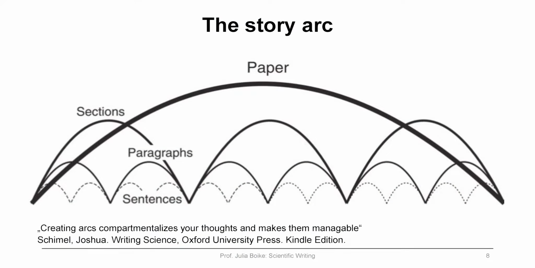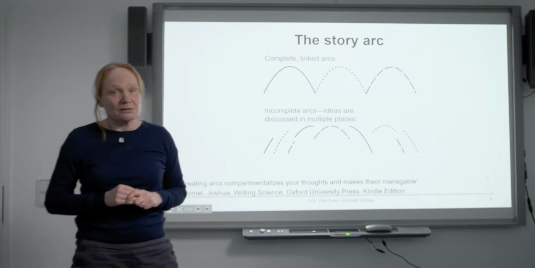The message here is that these arcs compartmentalize your thoughts and make them manageable. If you just have one big piece, it becomes unmanageable for our understanding. So we break it up into smaller arcs, but the importance is that these arcs are connected. Because what happens if they are not connected?